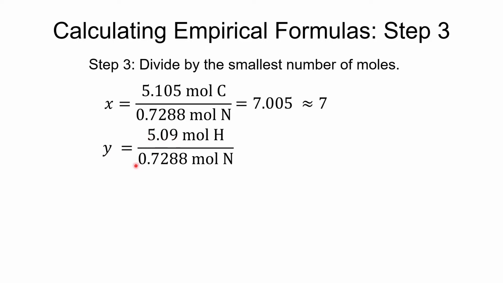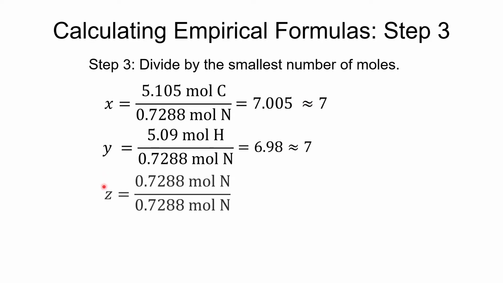So 5.09 divided by 0.7288, and that is going to give us 6.98. Since hydrogen only has 3 significant figures here, 6.98, our last significant figure, it's only different in our last significant figure, so it is okay to round that to 7. So these are both 7.